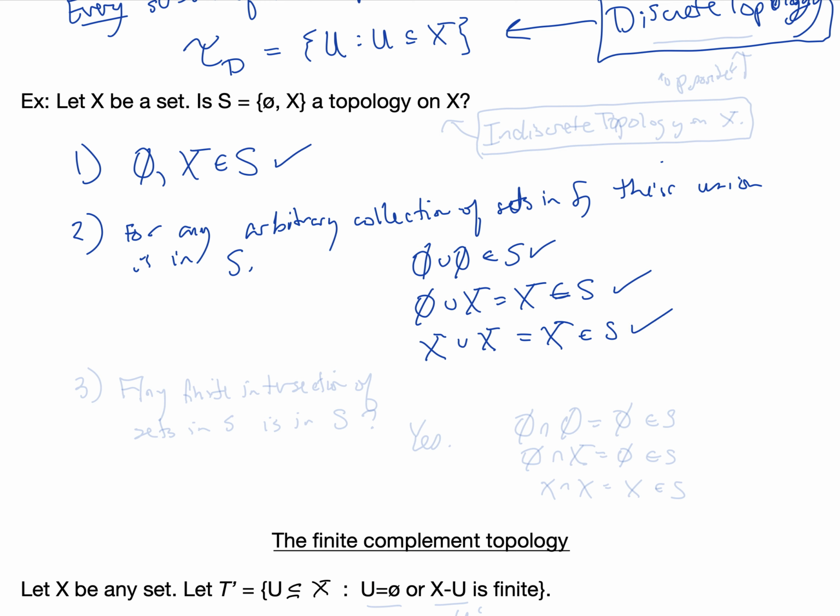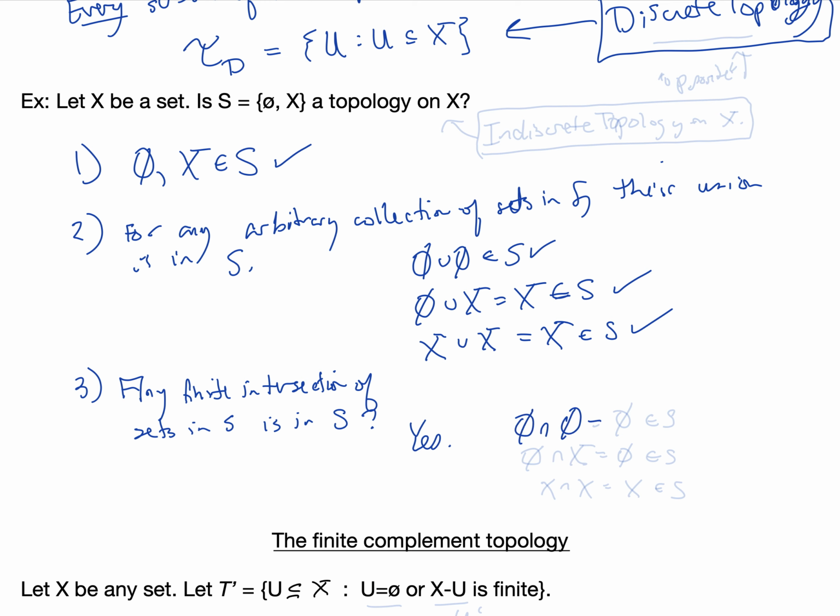And similarly, is it the case that any finite intersection of sets in S is in S? Yes, this is true as well. We could do the same thing that we looked at above.